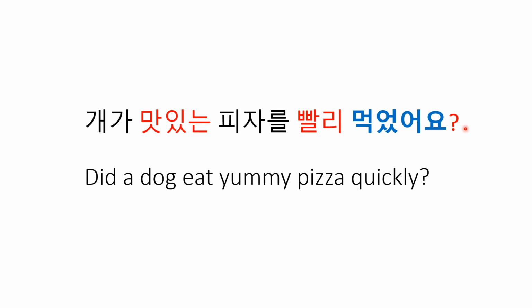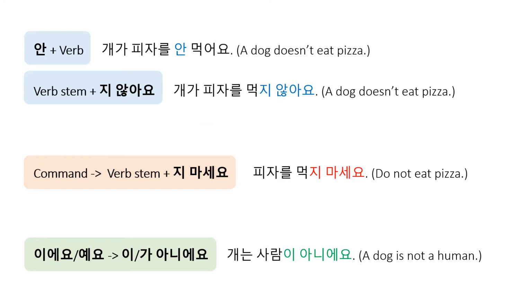To make a questioning sentence, put a question mark at the end of a sentence. To make a negative sentence, put 안 before the verb or put 지 않아요 after the verb stem. For a do not command sentence, put 지 마세요 after a stem of a verb.